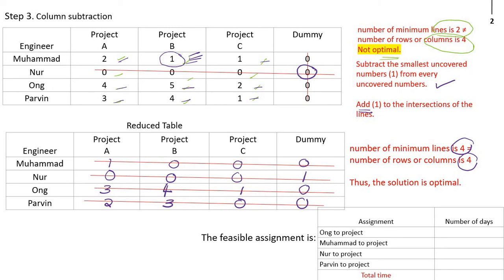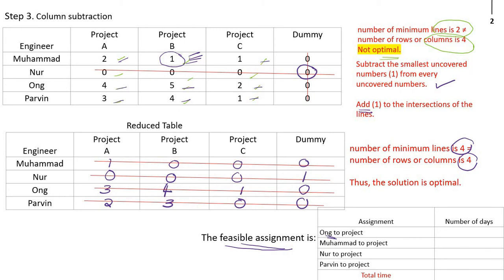Okay, since the solution is optimal, we can start to do the feasible assignment, allocating the assignment to each of the engineers. Now we go with the first person, Ong, on which project should be allocated.